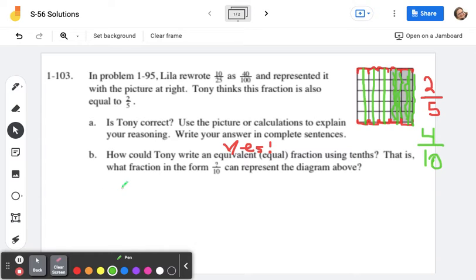So we would say that 2/5, so 2 of the 5 big rectangles, is equal to 4/10. And that picture is one explanation. You could also do an explanation using multiplication and equivalent fractions. I'm going to clear this section and go on to the next problem.